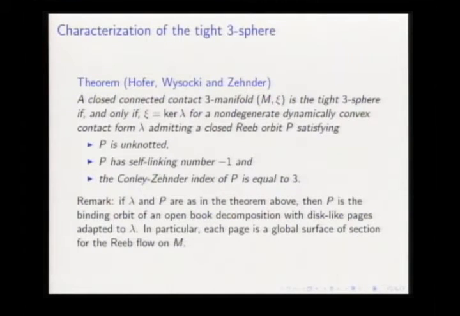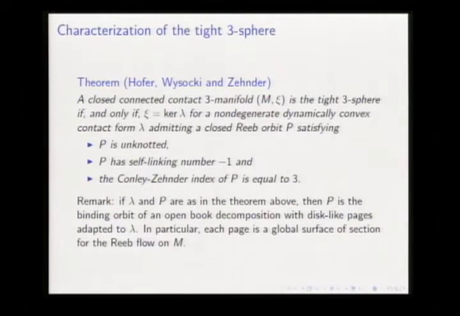For instance, assume that the contact structure is trivial, and suppose that the Conley-Zehnder indices are all at least 3. And now assume that you have this periodic orbit, which is unknotted, so it spans an embedded disk, and its self-linking number.